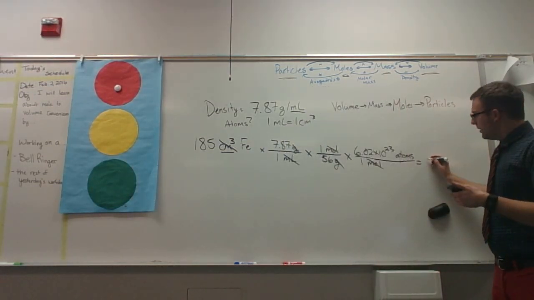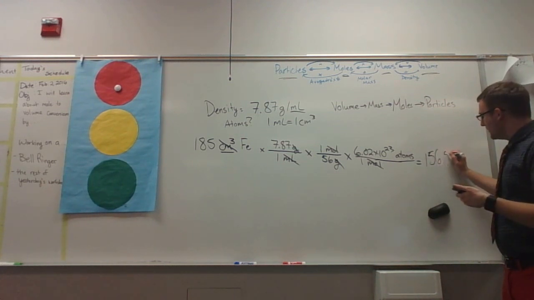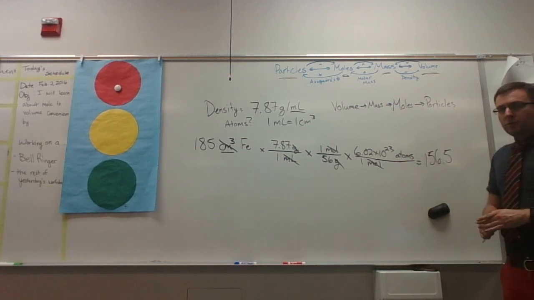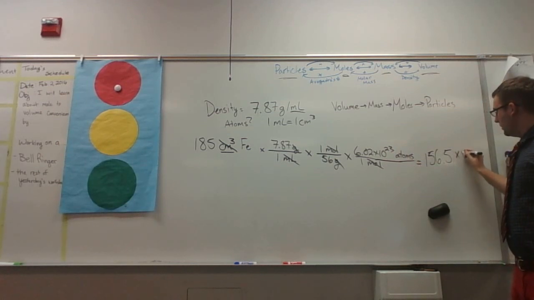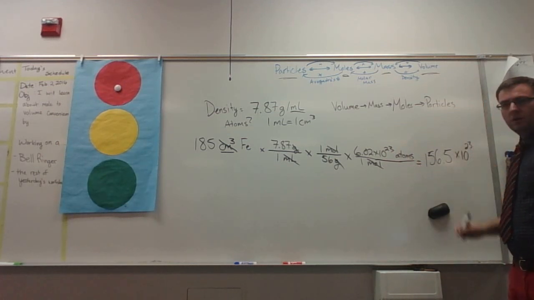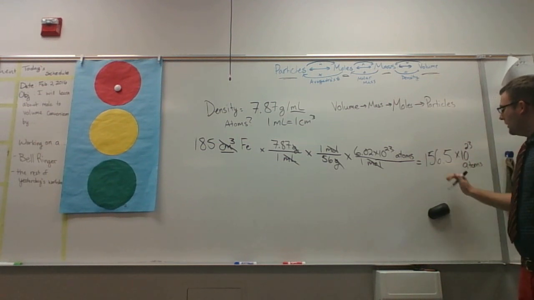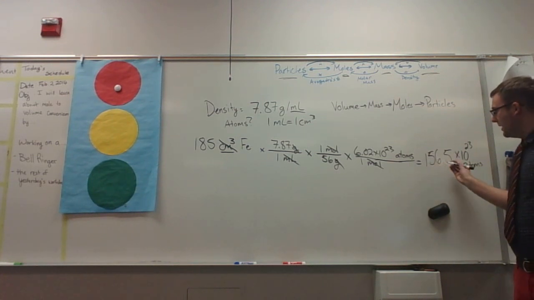And in the end, we see that we have 156.5, and that's just rounding off. Now I told you I need to include my times 10 to the 23. And this is atoms. Now, if I don't want my decimal here, because I like to have my decimal between the first and the second unit, I'm actually going to move it 2 spaces. 1, 2.